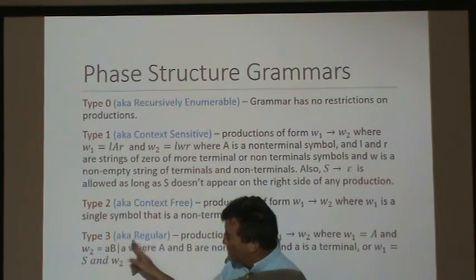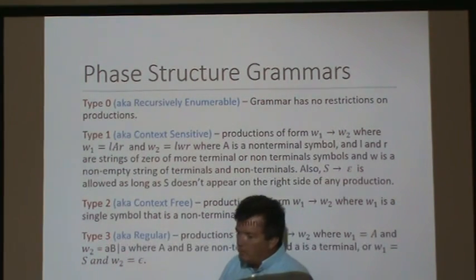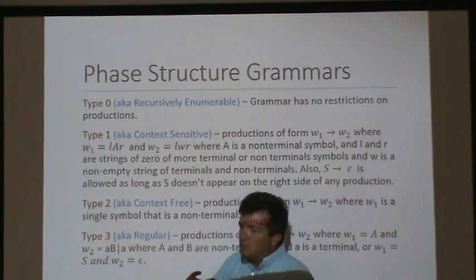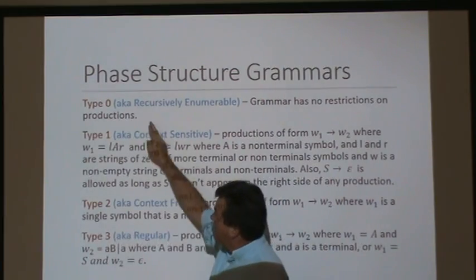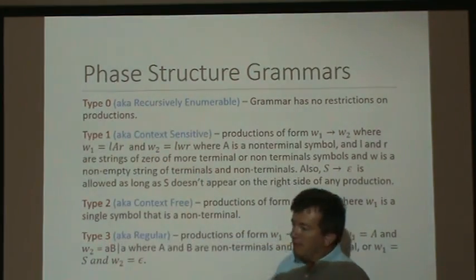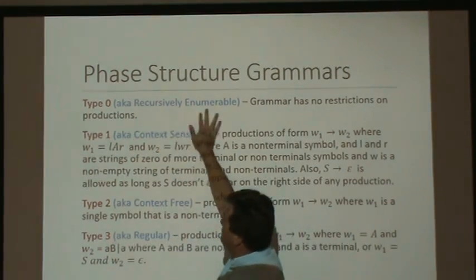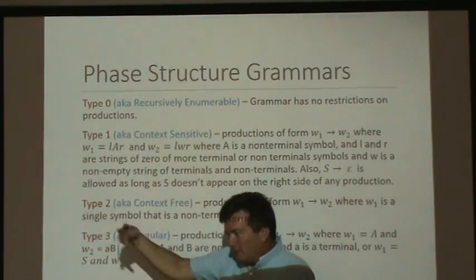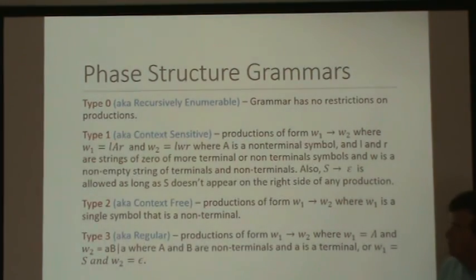The regular languages on the top, the type 3 languages, are the ones where you can answer yes or no if a word or sentence is in the language using the least amount of computer equipment. And the type 0s are the ones that need the most amount of computer equipment. The best name for the type 0s is recursively enumerable, meaning you could write a program that will run infinitely and print out every word in the language. That's probably the best way to describe those types of languages, so that's what they call those.